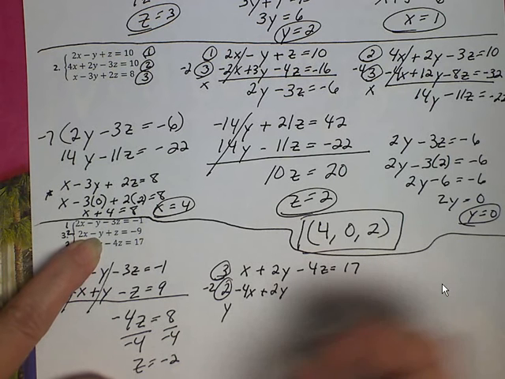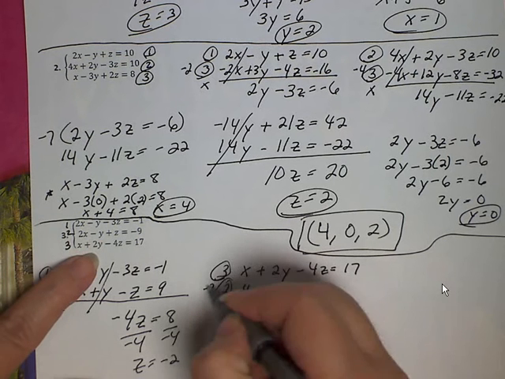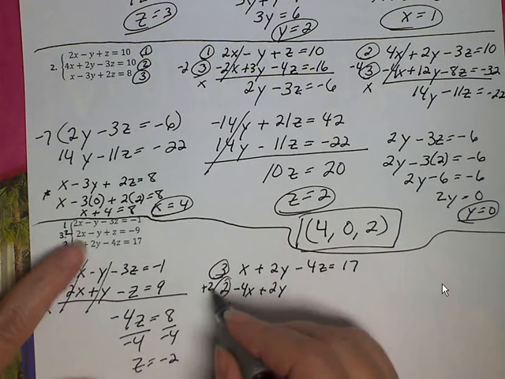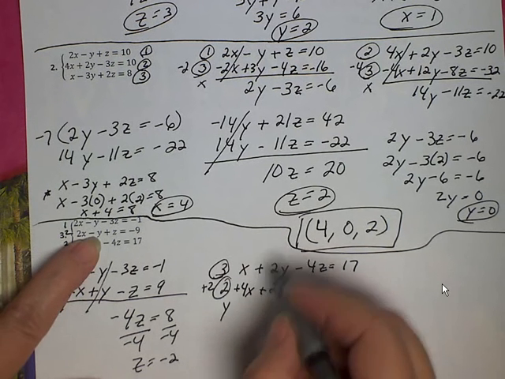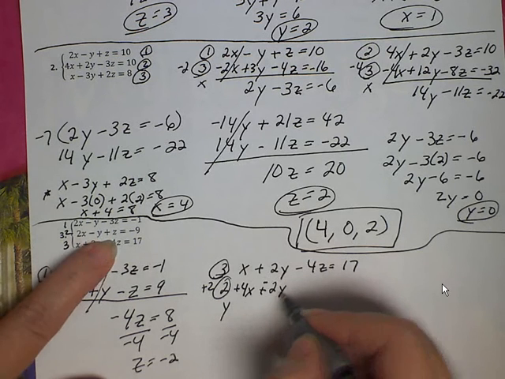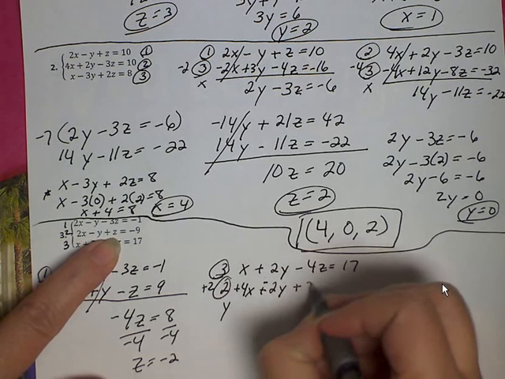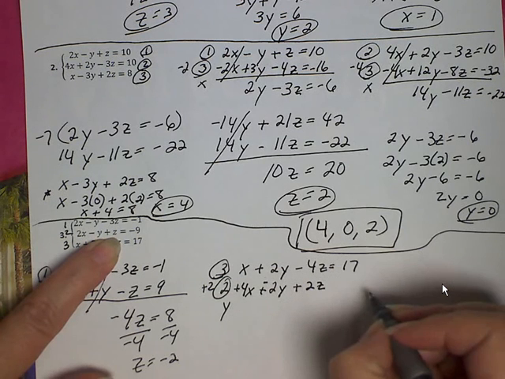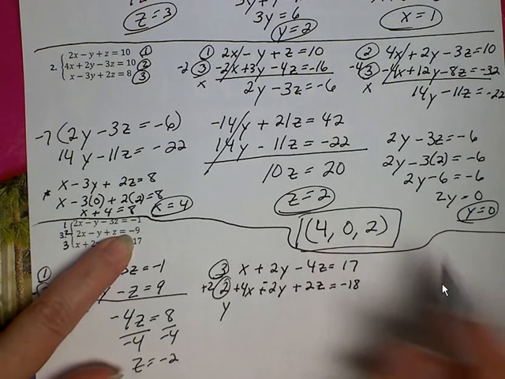So actually I just want it by a positive 2. Yeah, positive 2. So 2 times 2 is 4. 2 times negative 1 is negative 2. 2 times z gives me 2z. And 2 times negative 9 is a negative 18. See what we did.